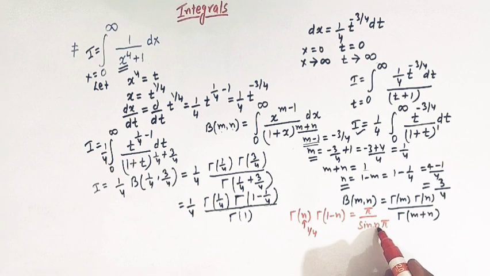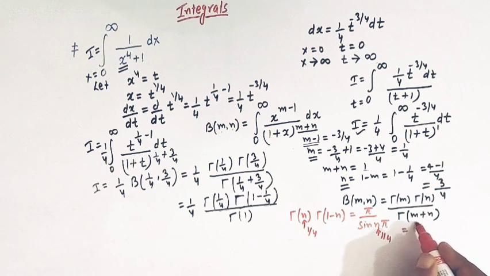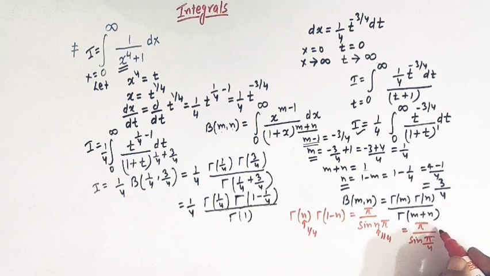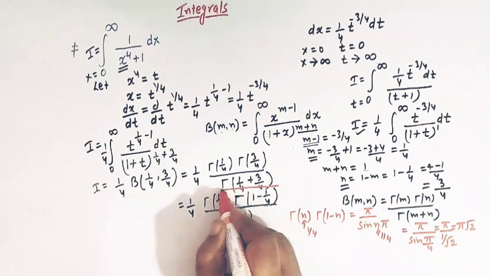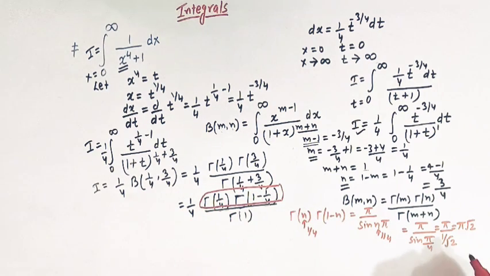So taking n equal to 1 by 4, in this term we have pi over sine pi by 4, right? So this is pi, sine pi by 4 is 1 over root 2, and this is sine 45 degrees, so this is pi root 2, right? So now this term is equal to pi root 2, right?